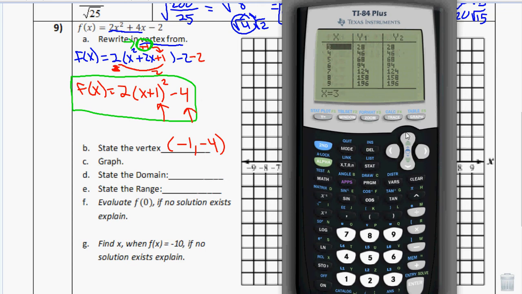And they are. I also know that my vertex is at -1, -4, so I could easily scroll to see that -1, -4.